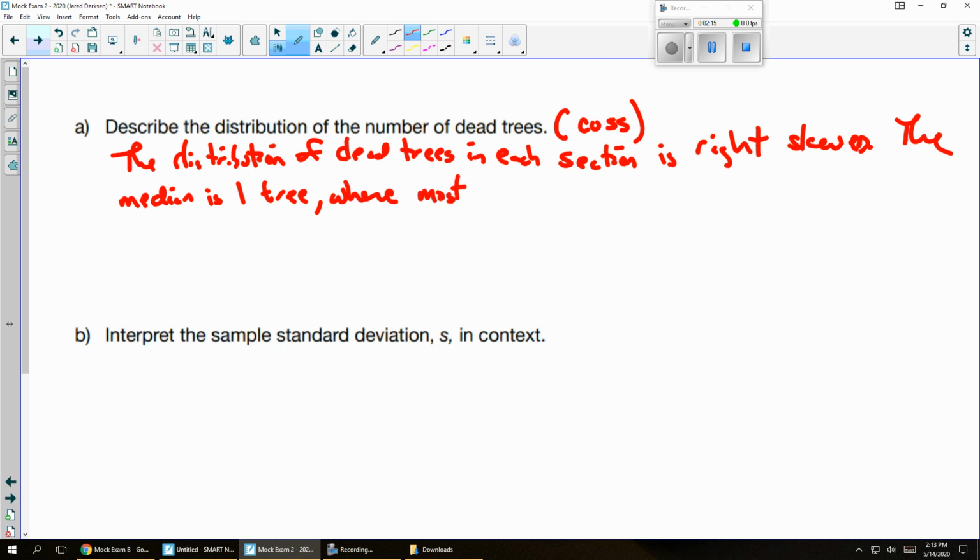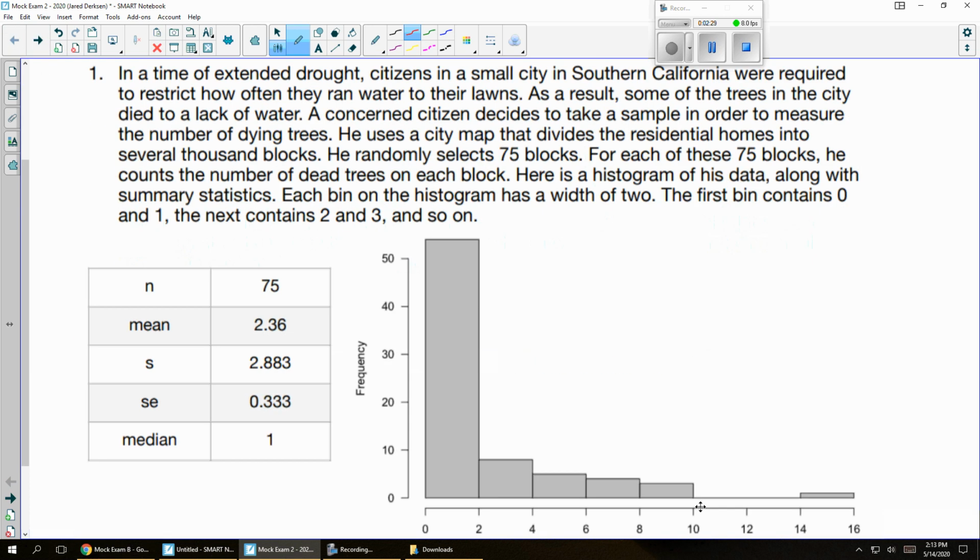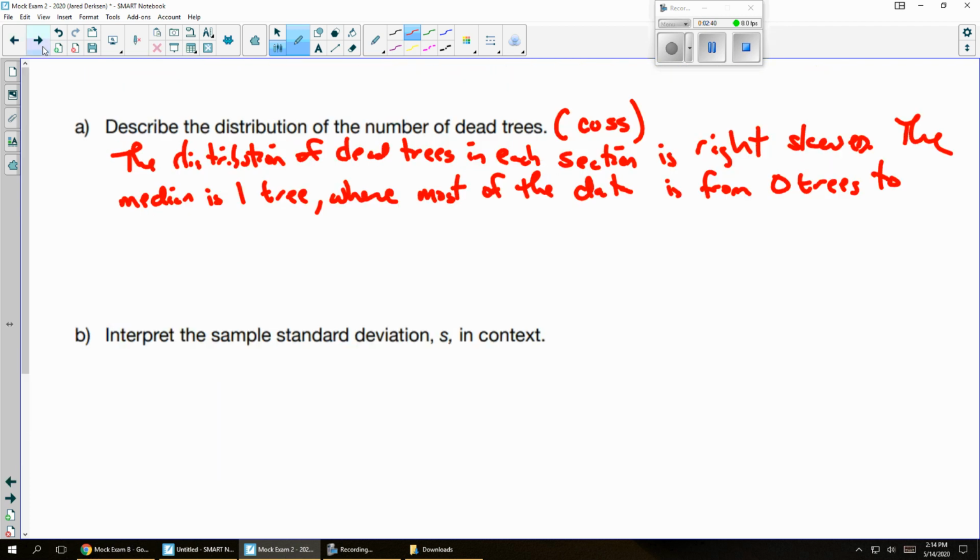Where most of the data is from 0 trees to, what did it say? 0 trees to 9. 0 to 10 would be over here, so to 9. And I have an outlier at 14 or 15. 0 trees to 9 with an outlier at 14 or 15 dead trees.